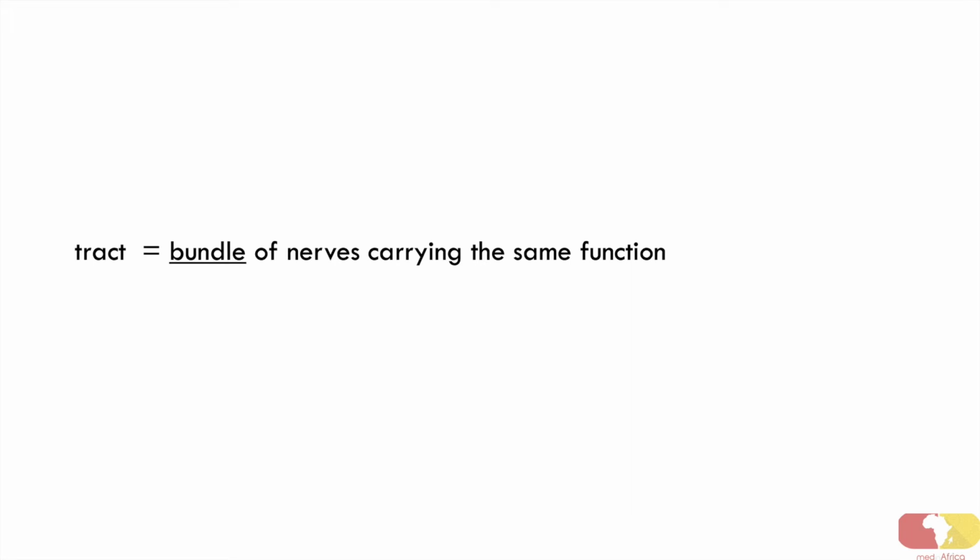Moving on, I want to talk about a part that many students find very confusing, and I also found this confusing as a student. And this was about the tracts or spinal cord, central nervous system tracts. So a tract, in its most basic definition, is a bundle of nerves carrying the same function.